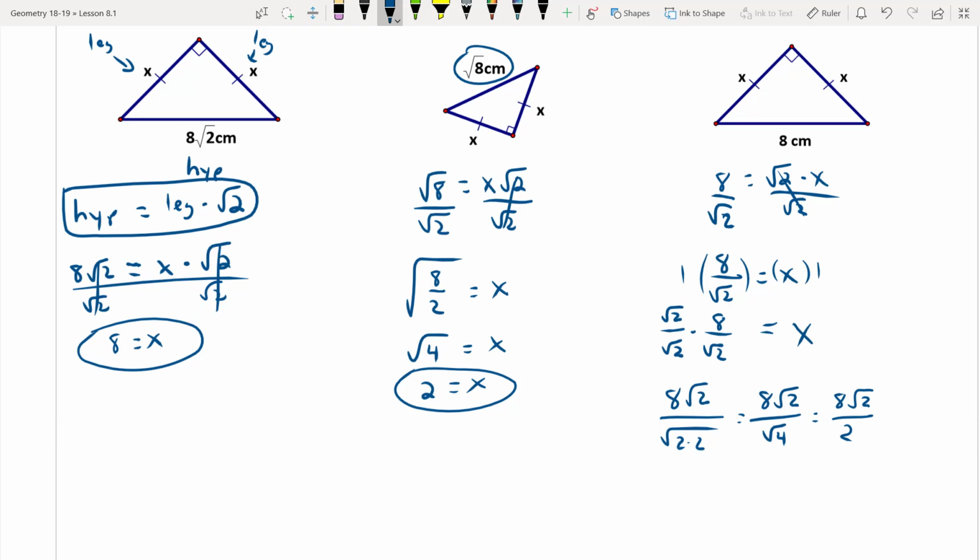And it allows you to get rid of the radical on the bottom of the fraction. So I've multiplied the top and bottom by radical 2, and just doing algebra, the thing that you did all last year, I ended up with a radical 4 on the bottom or just a 2 on the bottom. And then I can simplify 8 divided by 2, and that gives me that x equals 4 radical 2.